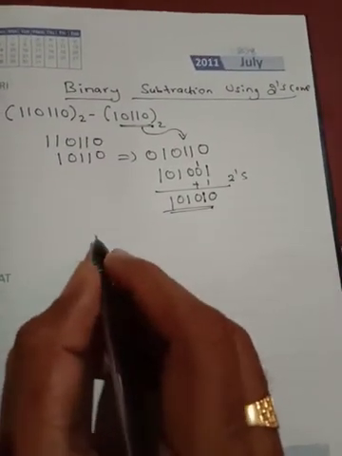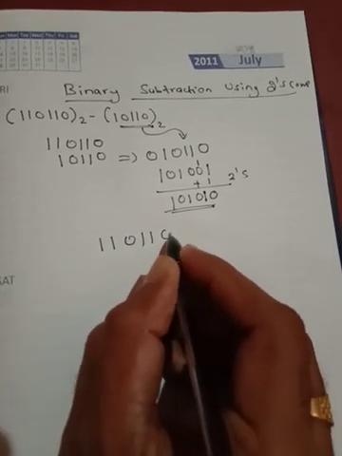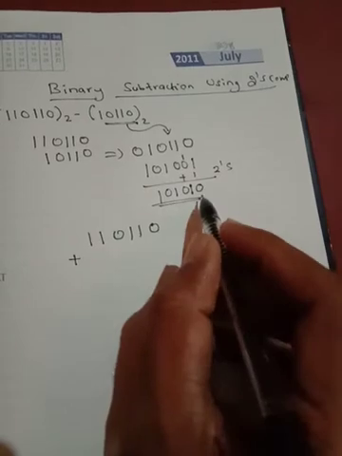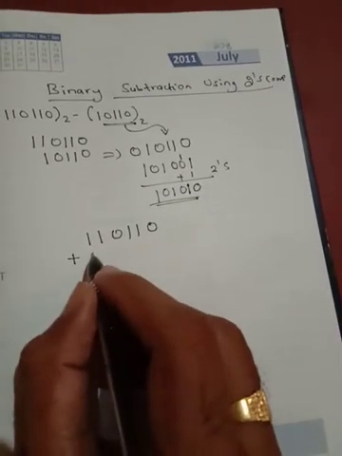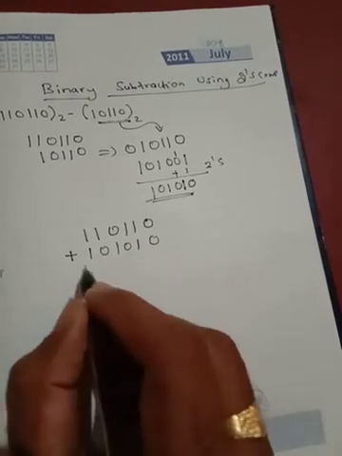Now consider the minuend, 1 1 0 1 1 0, and add the result you received, 1 0 1 0 1 0.